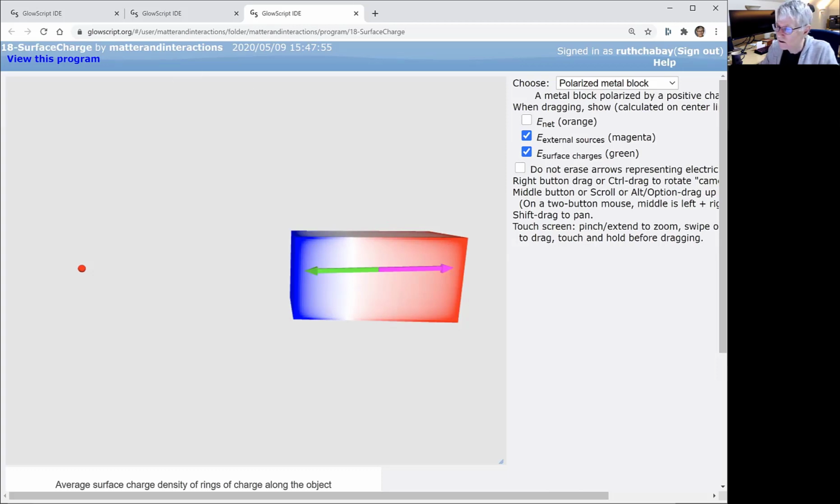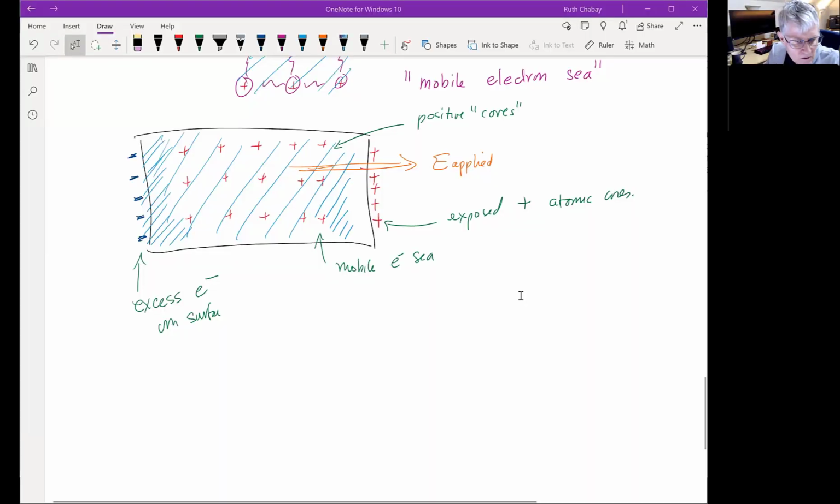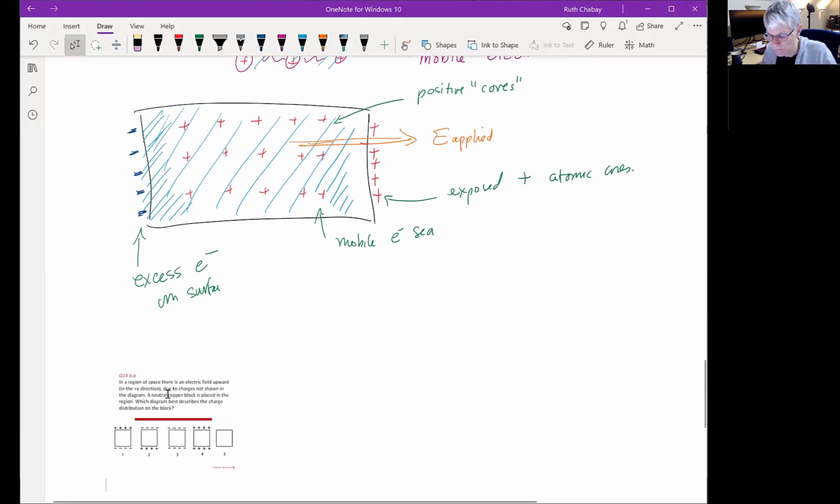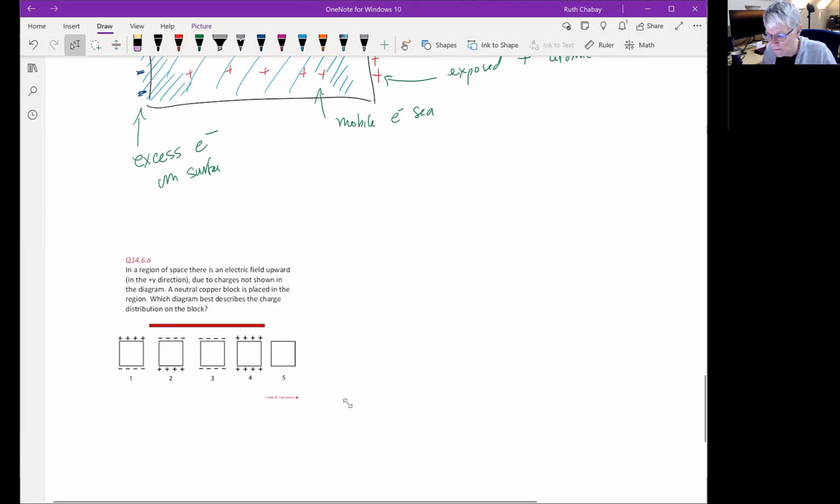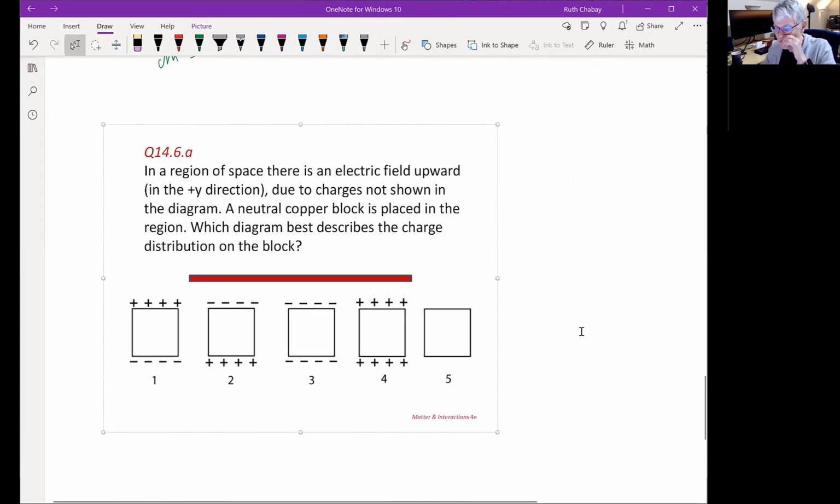Okay. So let's see if it's possible to apply this. What can we do? How can we think about this? So we have a region of space in which there's an applied electric field due to external charges that's pointing upward. And we place a neutral copper block in this region.